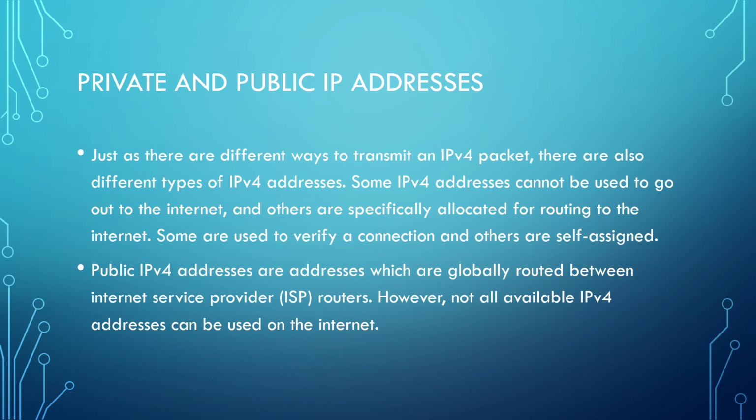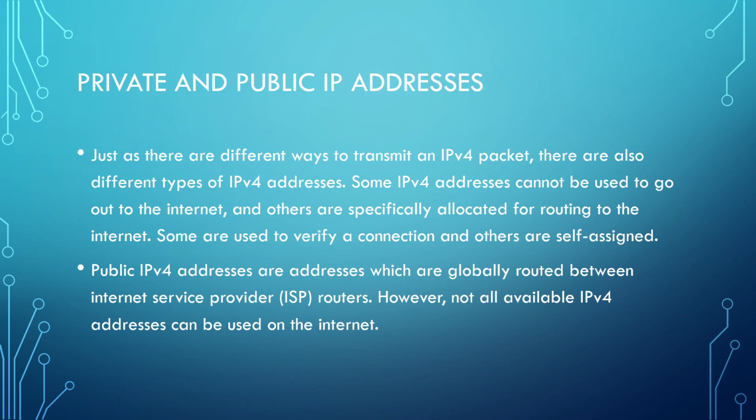When it comes to public and private IP addresses, just as there are different ways to transmit an IPv4 packet, there are also different types of IPv4 addresses. Some IPv4 addresses cannot be used to go out to the internet, and others are specifically allocated for routing to the internet.